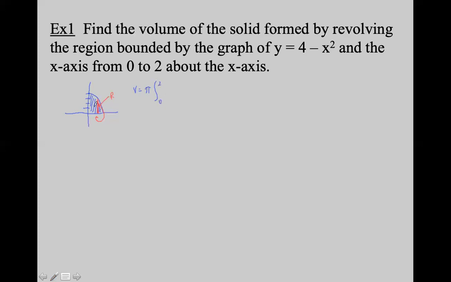Our big R, the height of this representative rectangle, is this curve, 4 minus x squared. So we have pi times big R squared. And remember, the width of our representative rectangle is delta x, which we show in the integral as dx. That will find the volume using the disk method of this curve revolving around the axis.